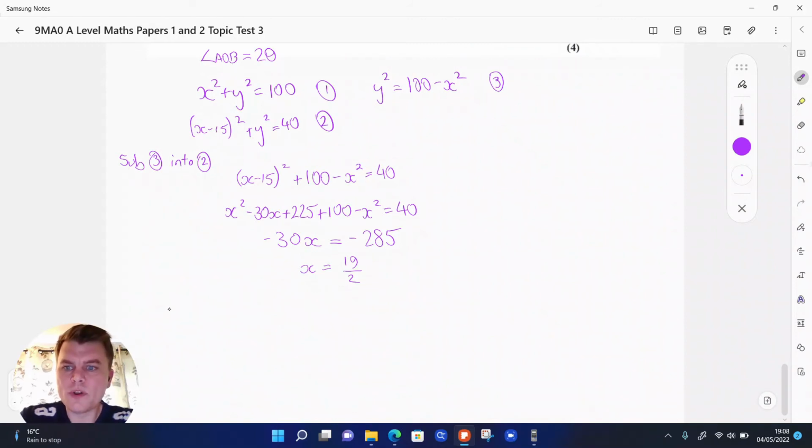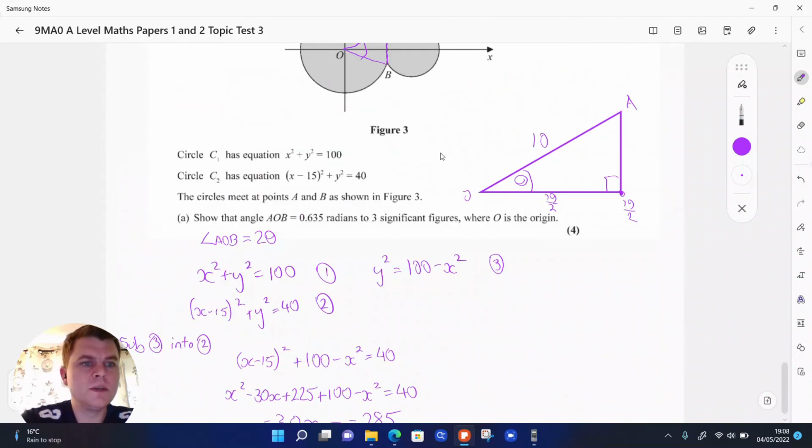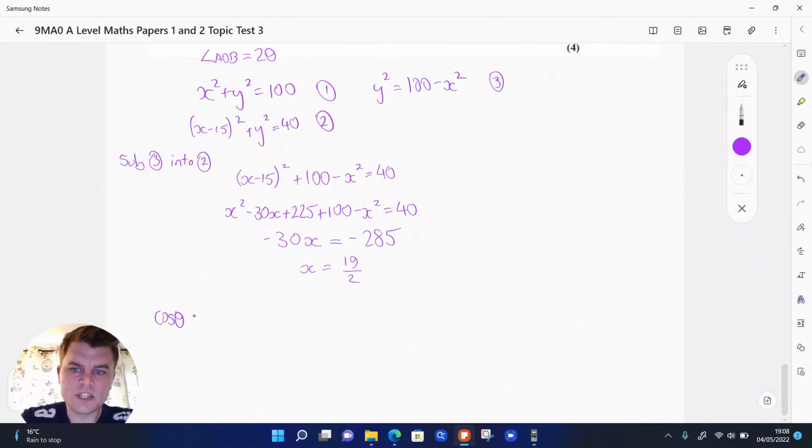So, in order to work out what theta is, well, we know cos theta, and it's cos theta because we've got opposite, adjacent, and hypotenuse, so it's adjacent over hypotenuse. So cos theta equals 19 over 2 divided by 10.